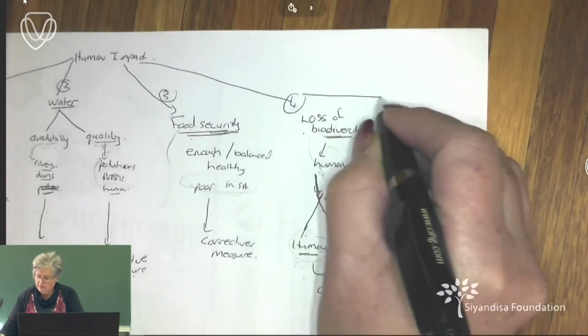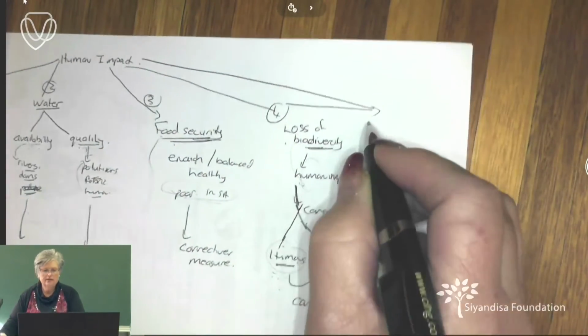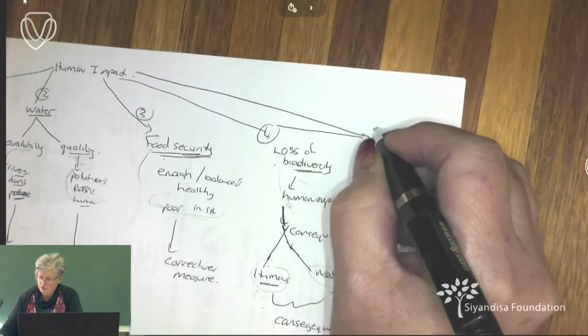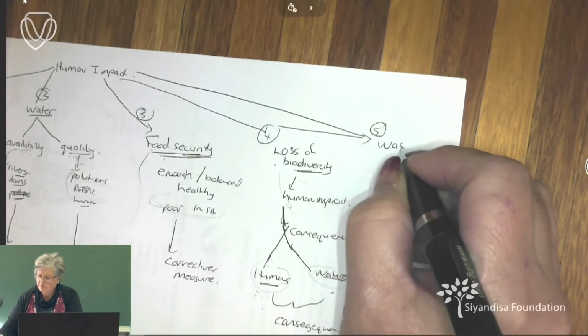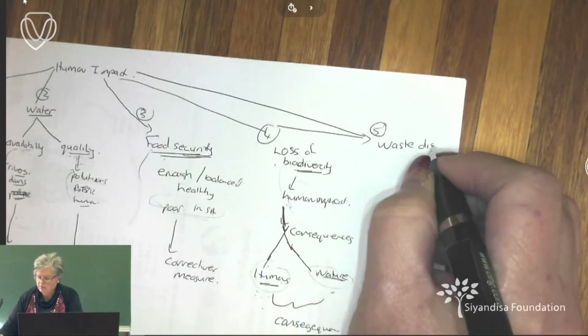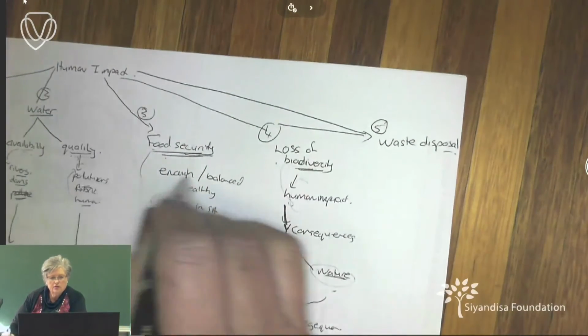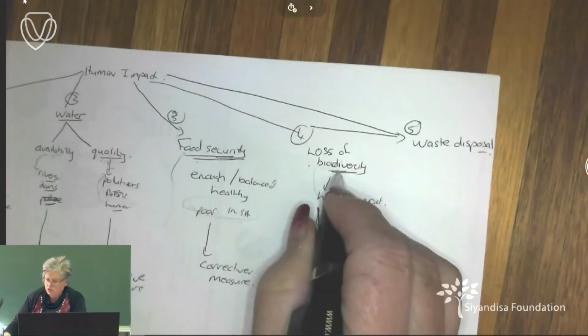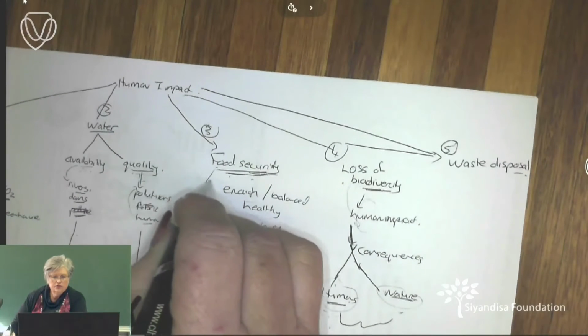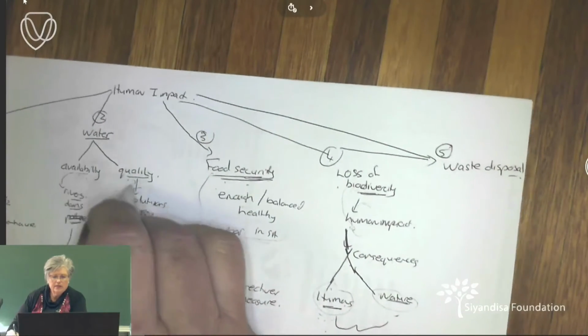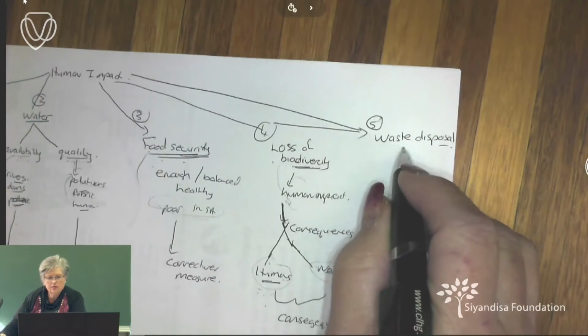And then lastly, the last one that the syllabus asks us to look at, number 5, is waste disposal. Because we are drowning in waste, and a lot of these problems, loss of biodiversity and food security, are due to waste disposal.